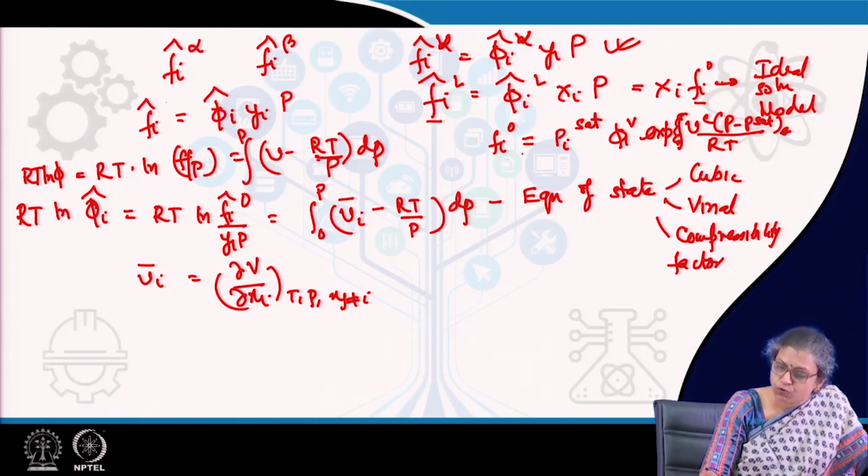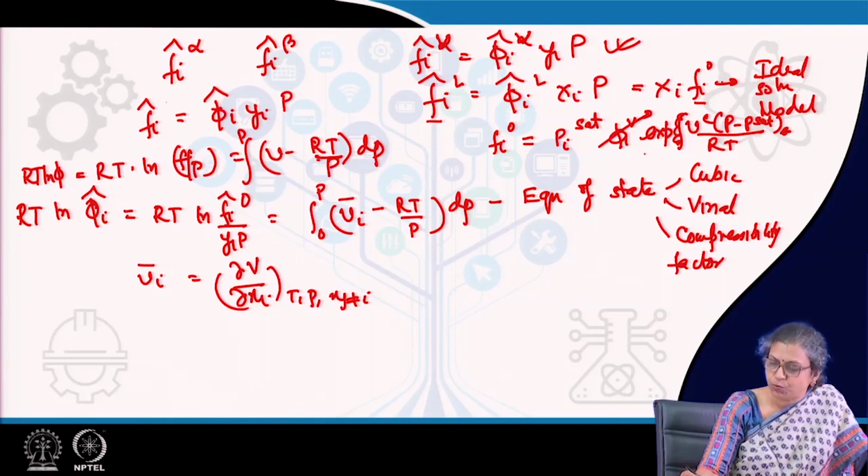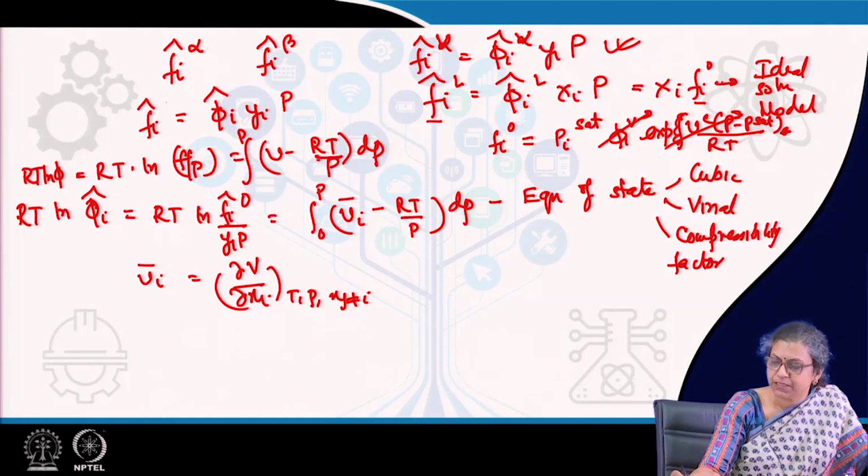So, therefore, at low to moderate pressures, what do we find? This is almost equal to 1, because P is close to P saturated and V_L is constant.